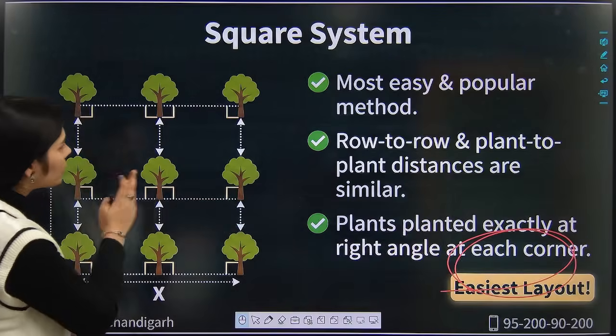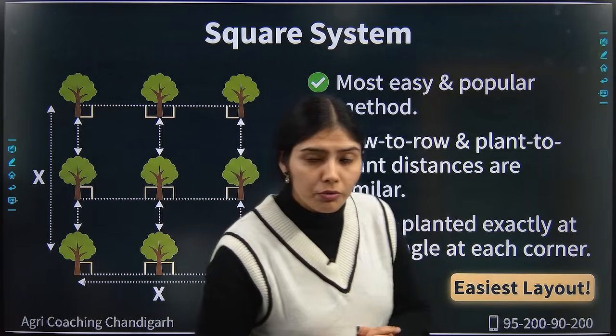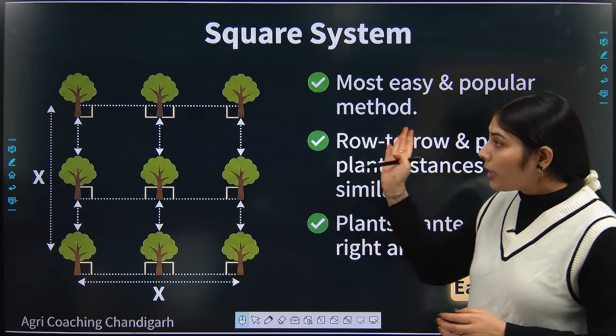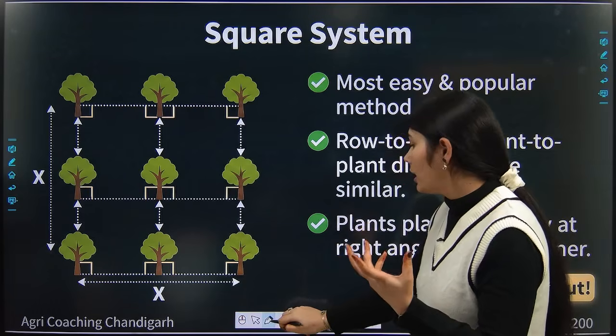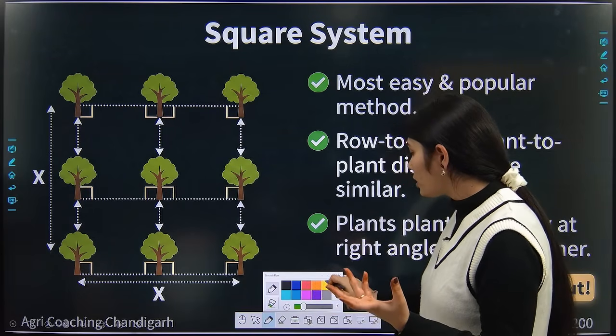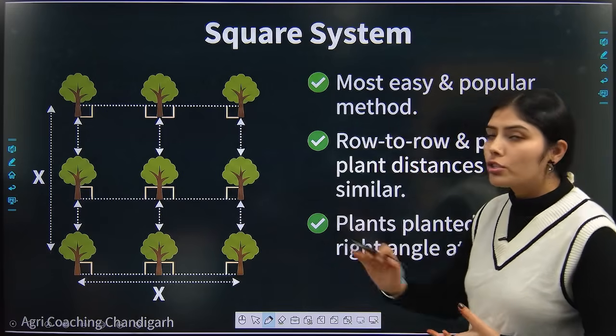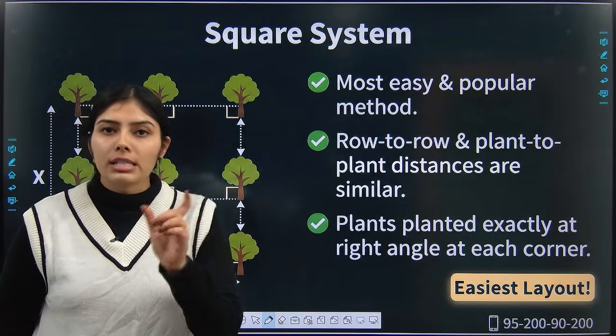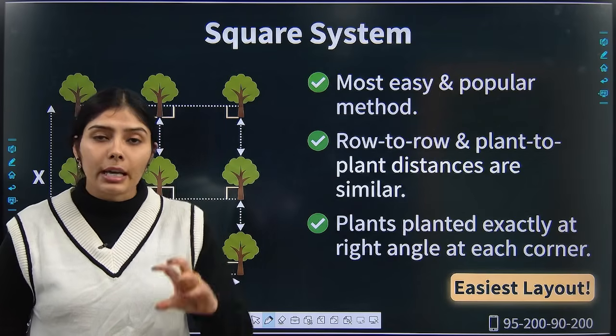So now we will talk about the different planting systems. First and foremost system will be your square system of planting. Square system of planting means that as the shape square is concerned, here also layout is done in the form of a square. So here the row to row distance and plant to plant distance is kept similar.